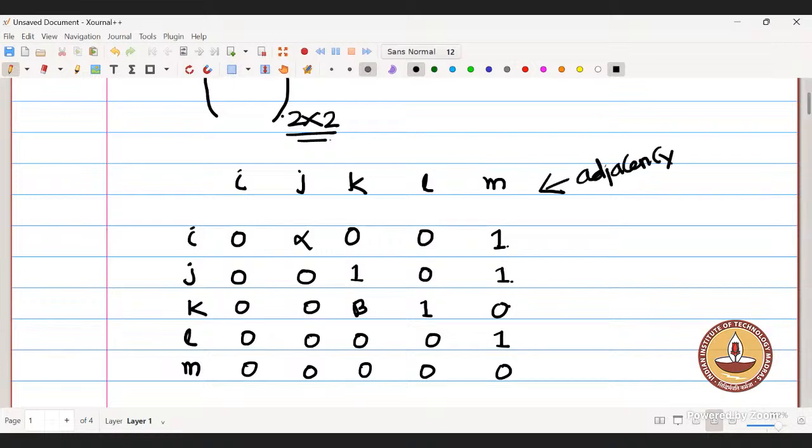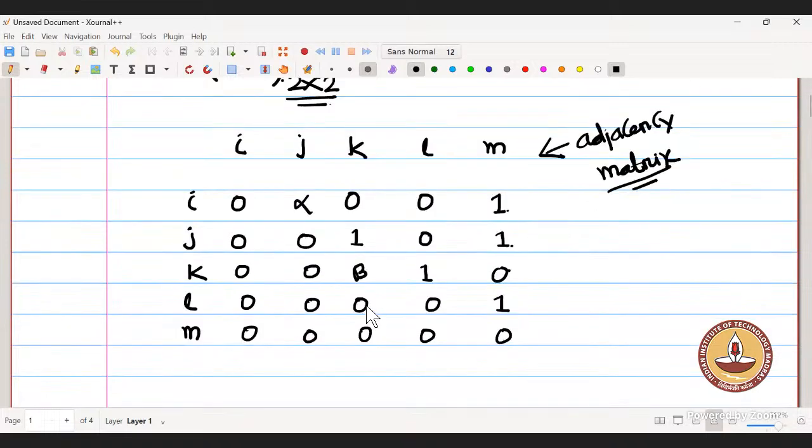So what does this matrix tell you? It tells you that if this entry is 1, then I have an edge from j to k. And if there is no edge, then the entry is 0, meaning there is no edge from j to i.